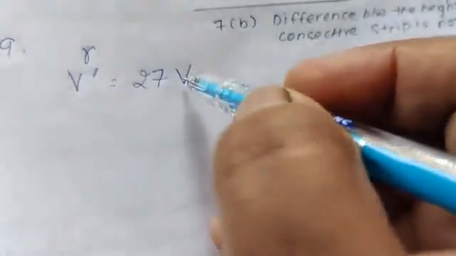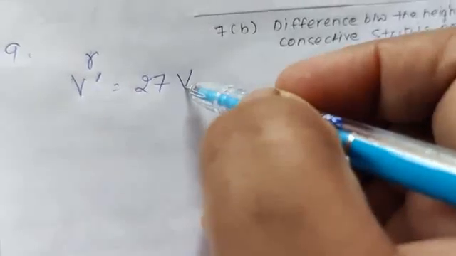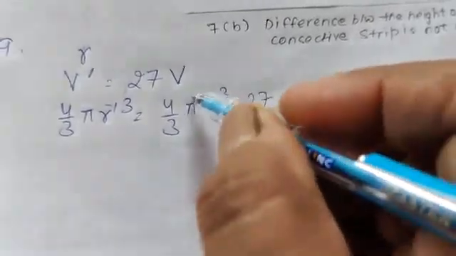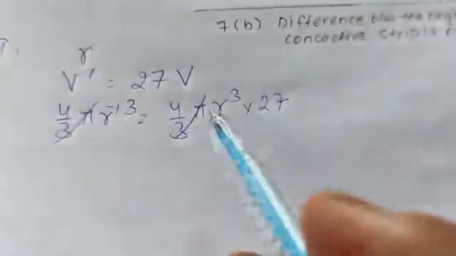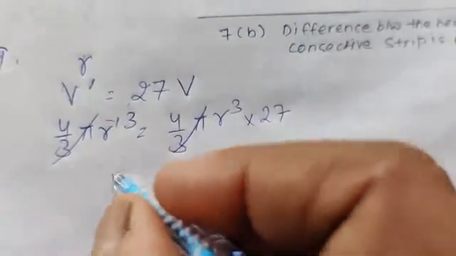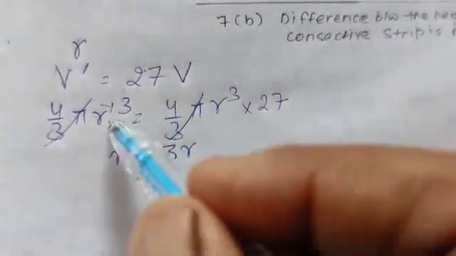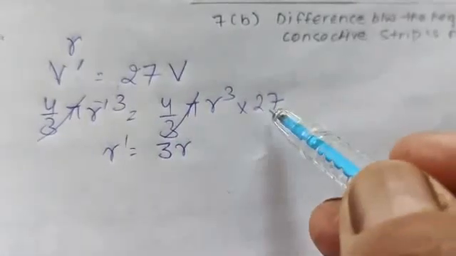V means volume of smaller spheres and v dash is the volume of the bigger sphere. 4 by 3 pi r dash cube equal to 4 by 3 pi r cube into 27. Cancel 4 by 3. R dash cube is equal to 27 r cube. Taking cube root both sides, r dash equal to 3r.